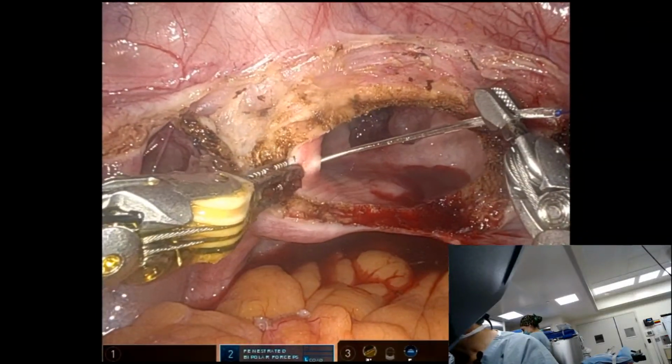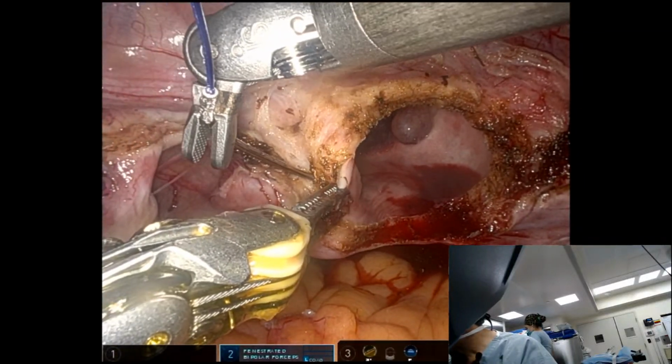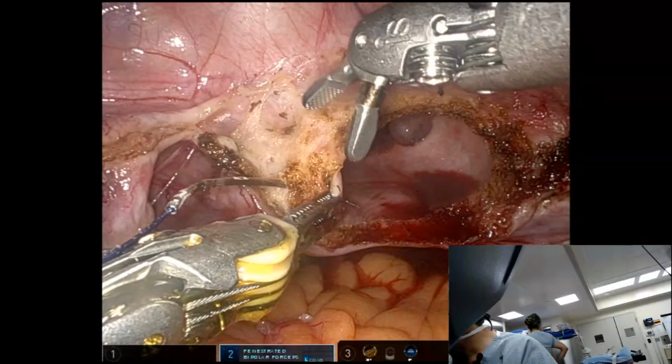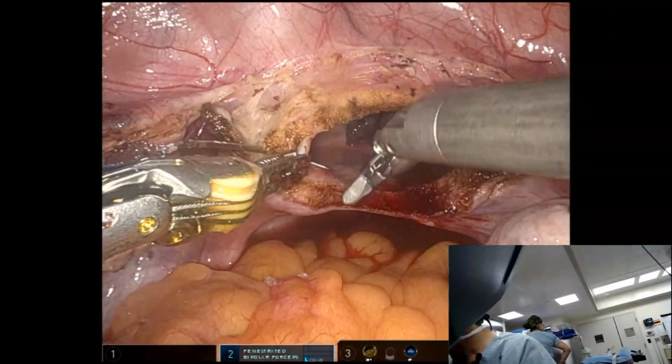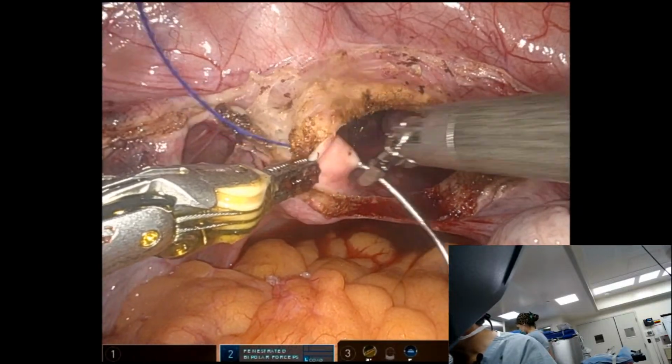Now we're suturing the vaginal cuff starting on the left side of the patient, getting the angle. Again, this is a barbed suture. It's called Stratafix, 6 inches.